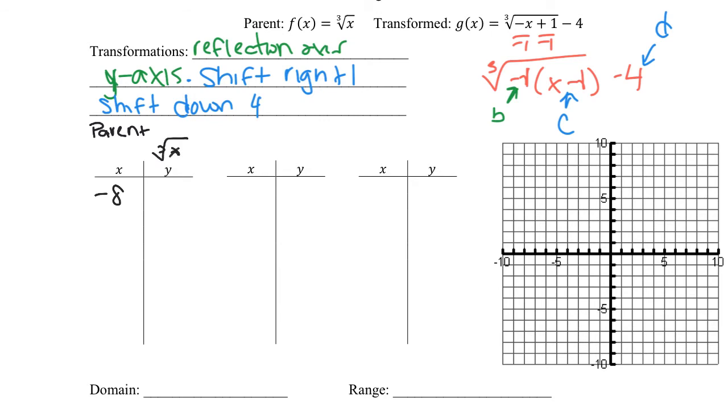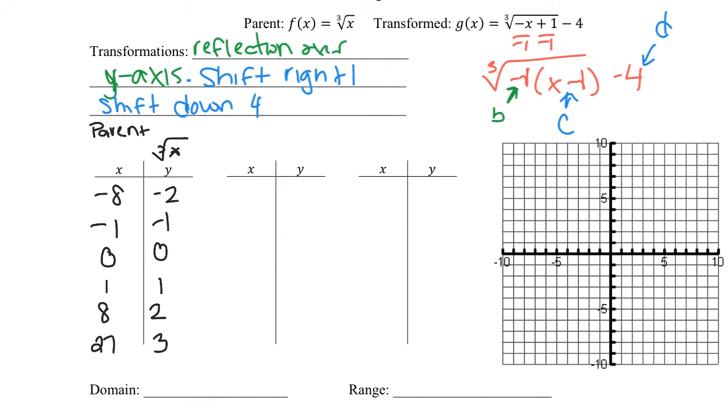So the cube root of negative 8 is negative 2. The next perfect cube is negative 1. The cube root of negative 1 is negative 1. The next perfect cube is 0. Cube root of 0 is 0. Cube root of 1 is 1. Cube root of 8 is 2. The next cube root is actually 27, which gives you a 3, but that's not going to be able to fit on my grid. So these are enough numbers that I need.